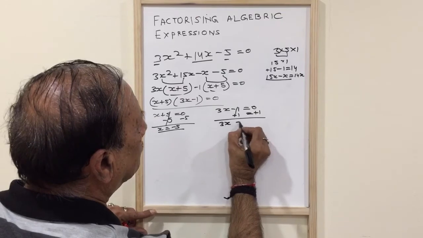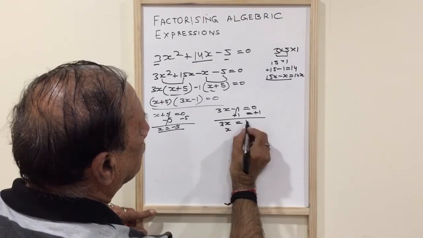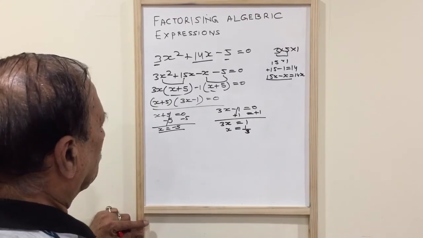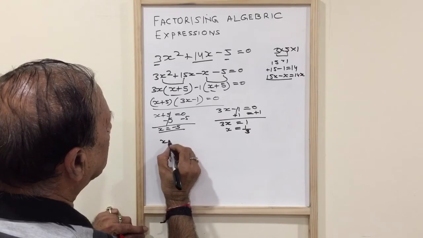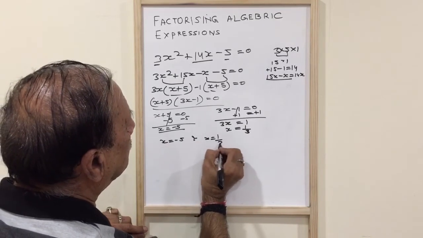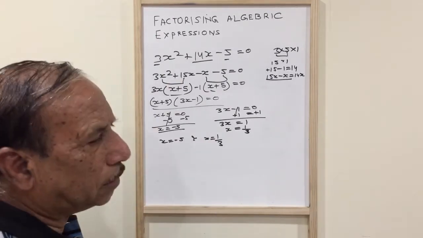We are left with 3x is equal to 1, then x is equal to 1 over 3. So our values are x is equal to minus 5 and x is equal to 1 over 3. So these are the two values of this equation.